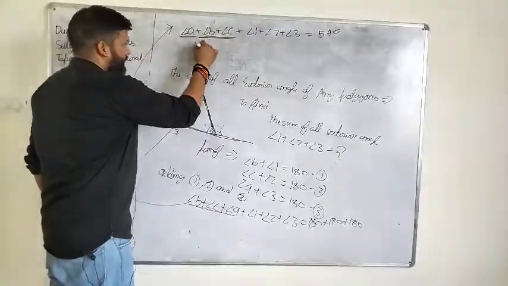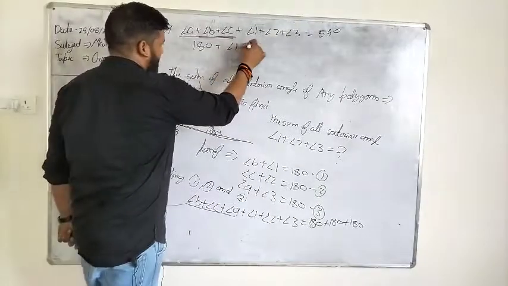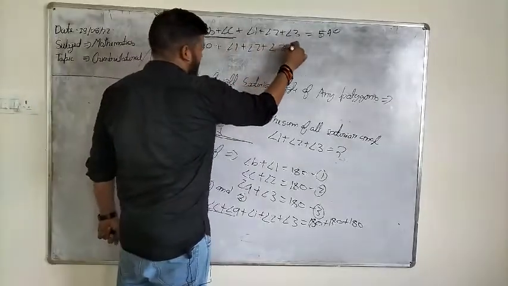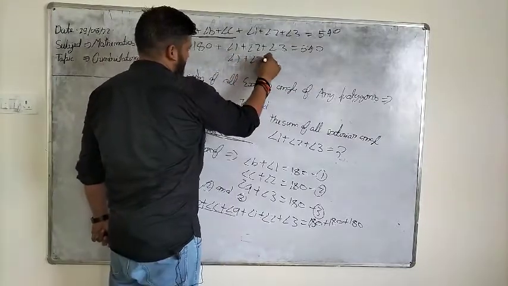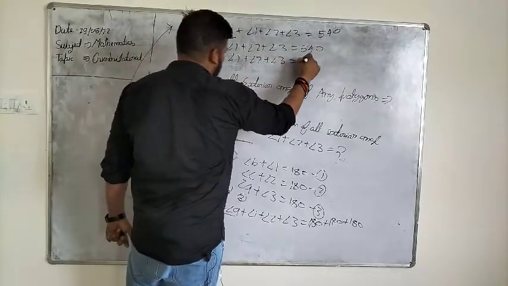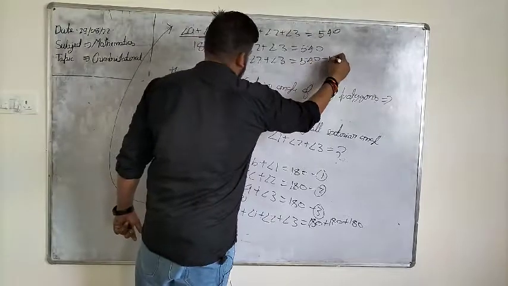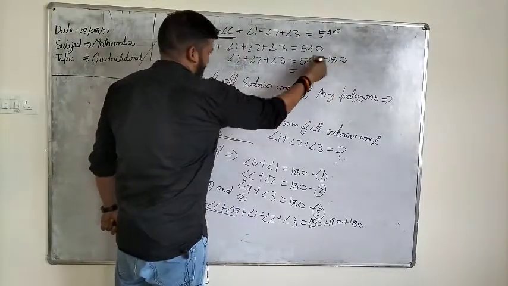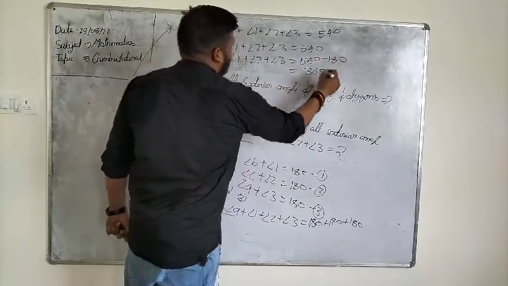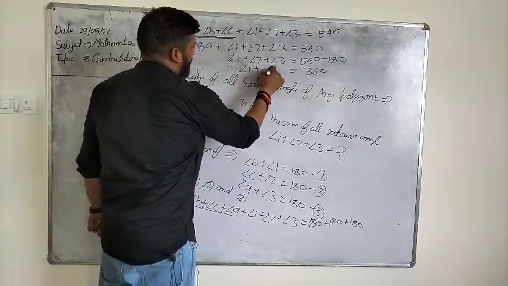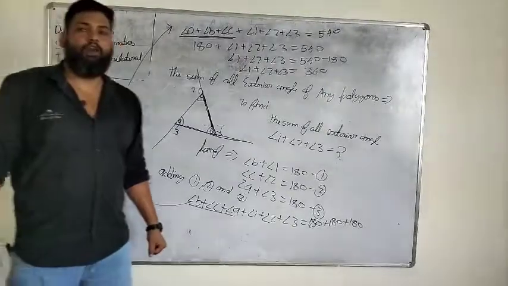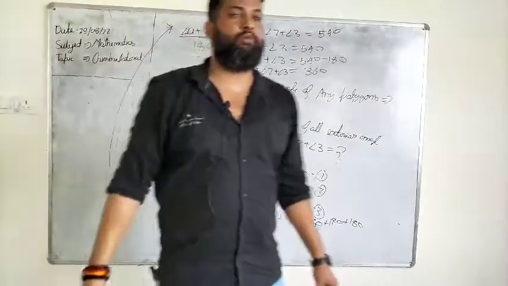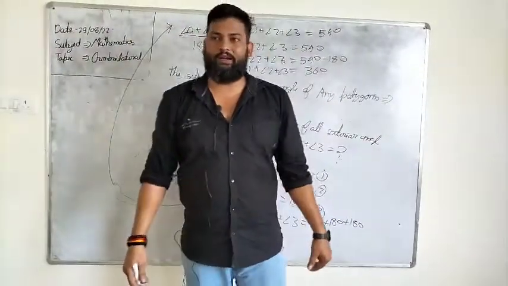Yes, sir. So 180 plus angle 1 plus angle 2 plus angle 3 is equal to 540 degrees. Now angle 1 plus angle 2 plus angle 3 is equal to 540 minus 180, which is 360. So the sum of all exterior angles of a triangle is equal to 360 degrees.